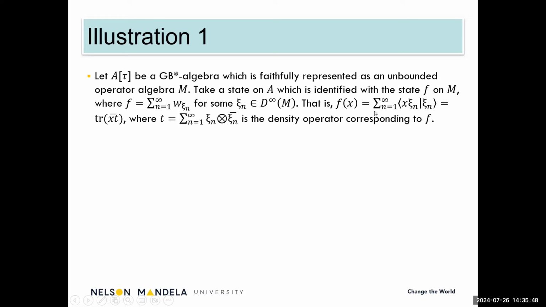And then you can also express this in terms of a density operator, in terms of the trace. The overline means the closure, and T over there is the corresponding density operator, which corresponds to F.